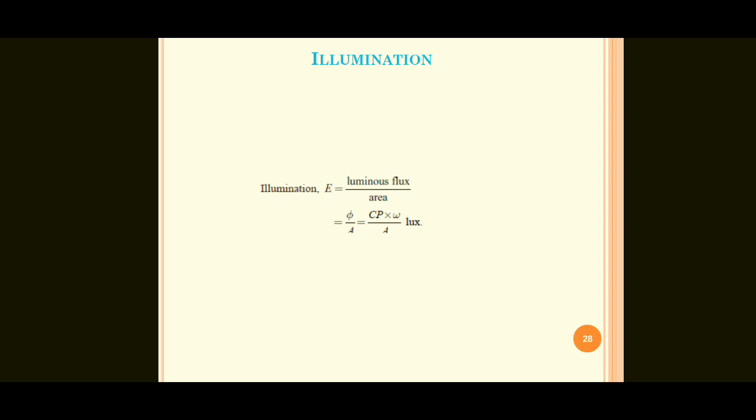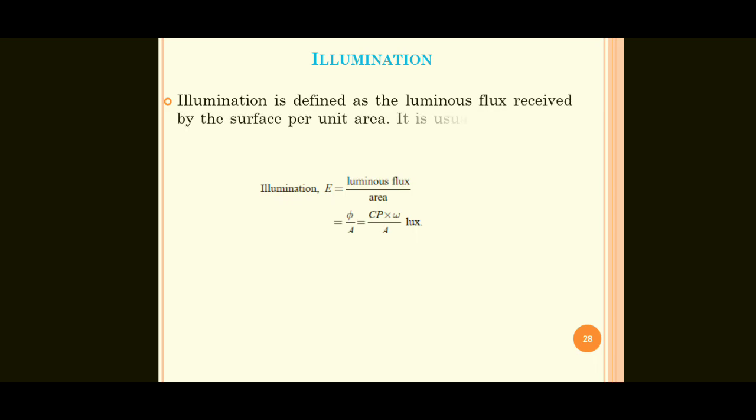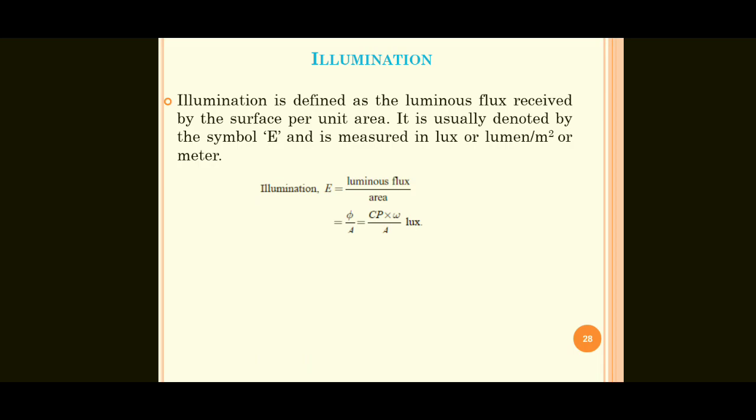Next one, illumination. Illumination is defined as the luminous flux received by the surface per unit area. It is usually denoted by the symbol E and is measured in lux or lumens per meter square.